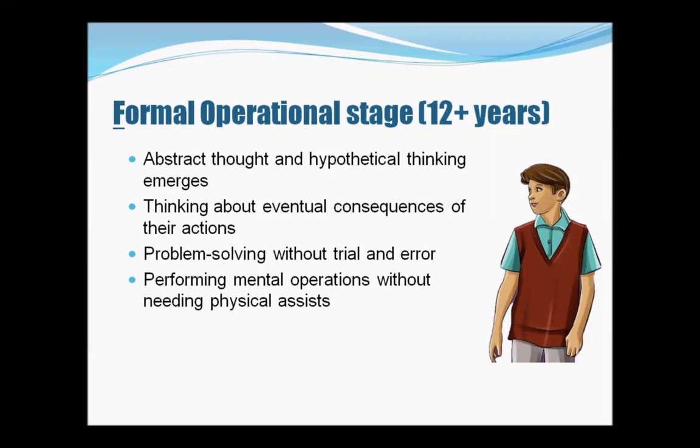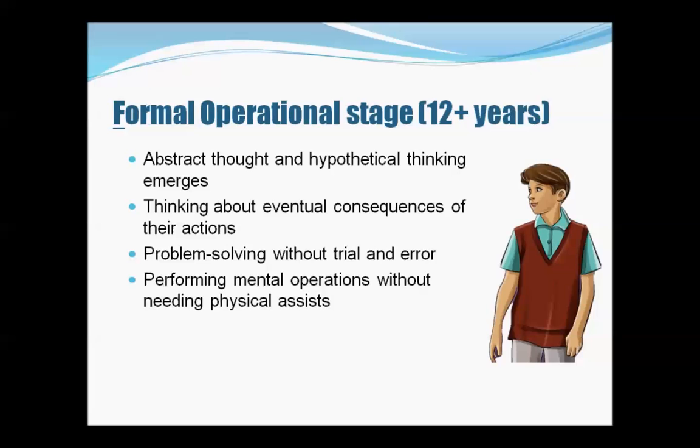And various other mental operations can be performed without needing physical assists. Like mathematical problems, the level of mathematical problems that a young adult can solve at this stage is very much more enhanced as opposed to the concrete operational stage.